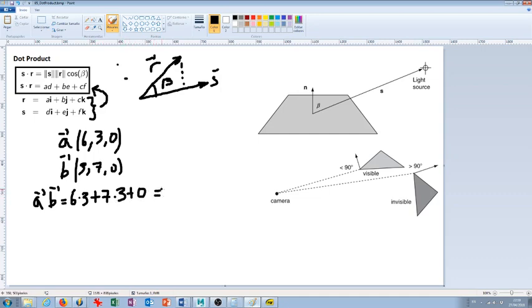So this is 18 plus 21, that is 39, right?